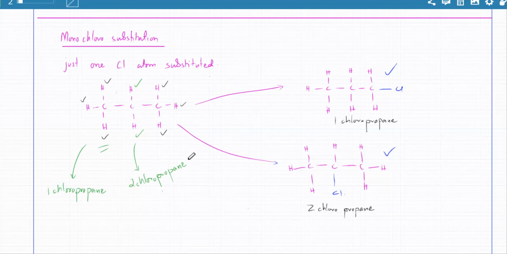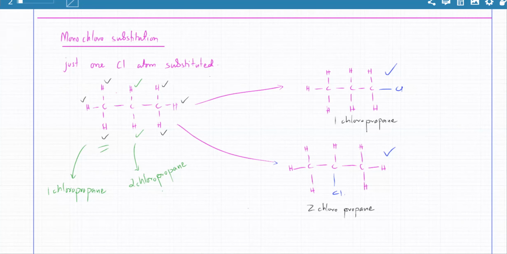So you had to find out the probability of getting which of the substitution products. Out of the 8 hydrogens, let's assume that there's an equal probability of substituting any of the 8 hydrogen atoms. For example, if a Cl comes in and substitutes this H atom, or the Cl comes in and substitutes this H atom, they all have equal probability of getting substituted.